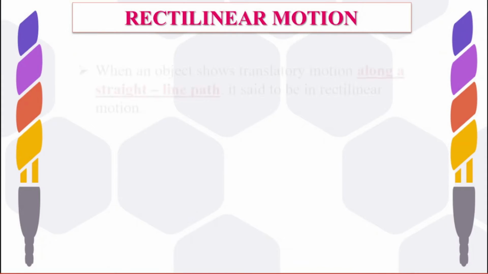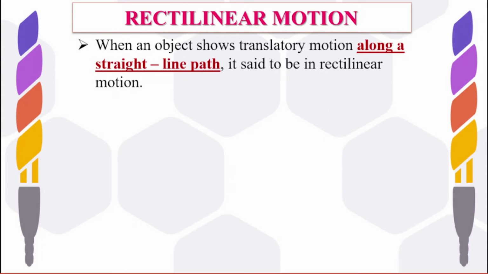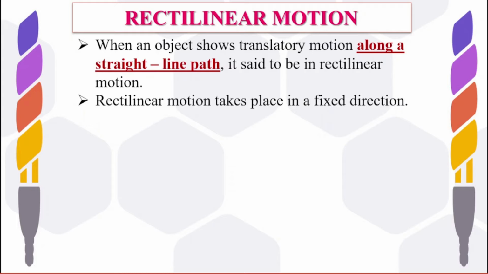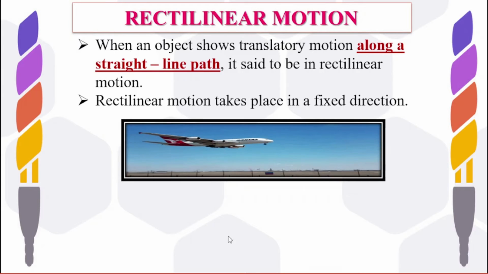And rectilinear motion: when an object moves in translational motion along a straight line path, it is said to be in rectilinear motion. A rectilinear motion takes place in a fixed direction. It is very important. That is called a straight line path. So look at the picture.